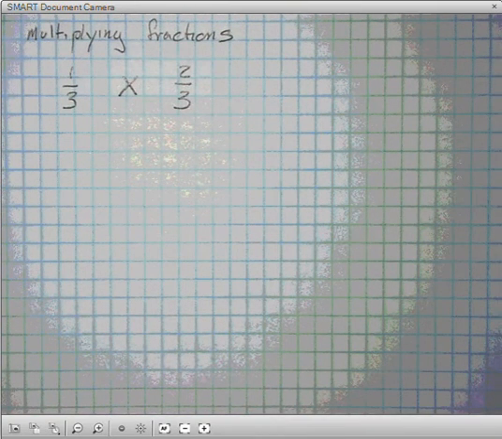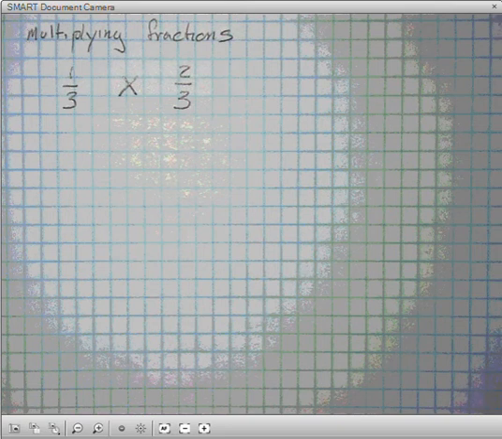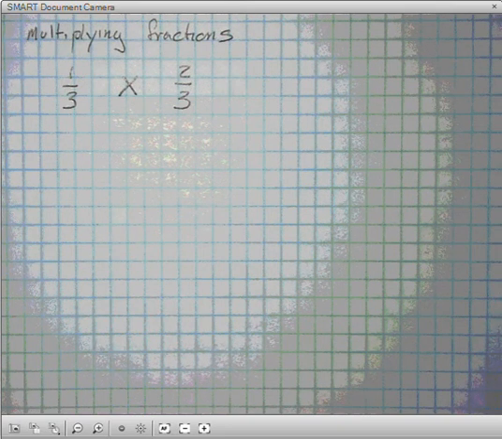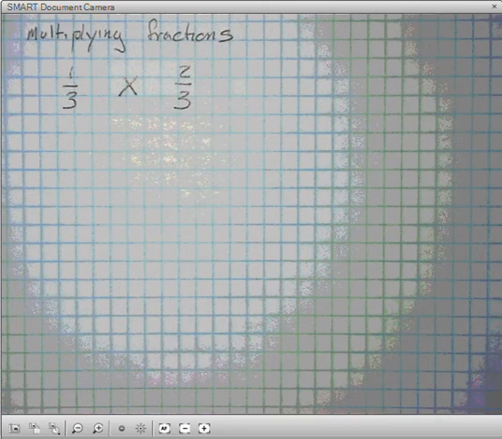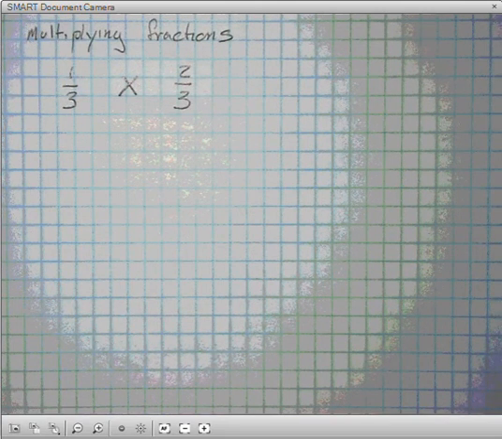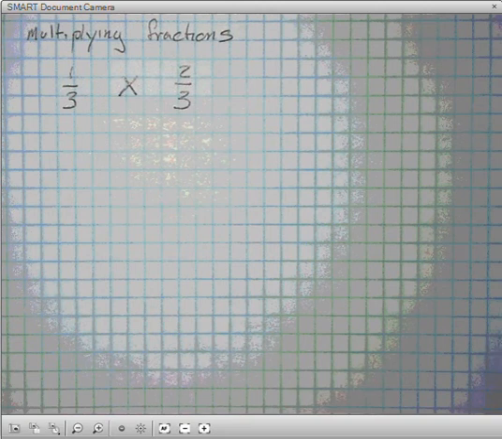One-third times 2/3. Anybody remember how I could multiply those two fractions? Lucas? No, it's not cross multiplication. Lindsay?